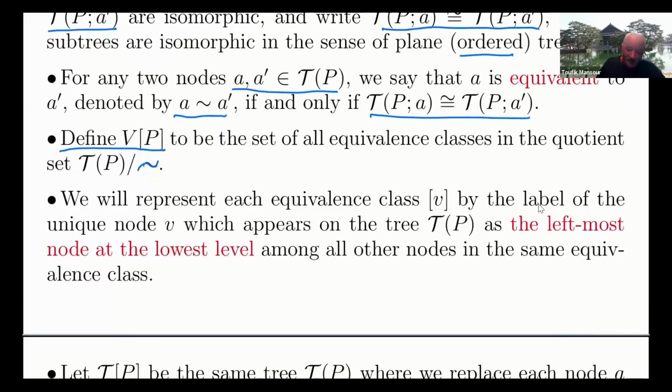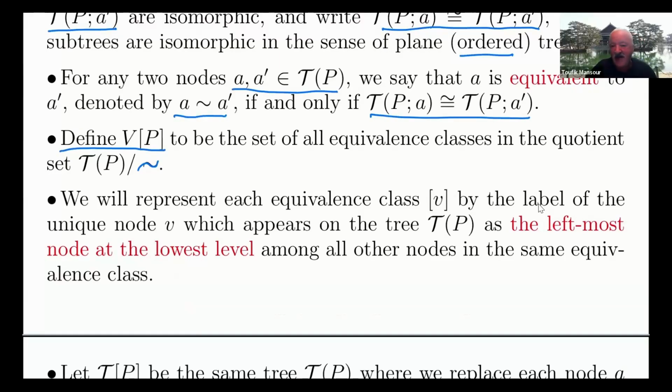Now here is the critical one. We will represent each equivalence class B by the level of the unique node V, which appears in the tree as the leftmost node at the lowest level among all other nodes in the same equivalence class.